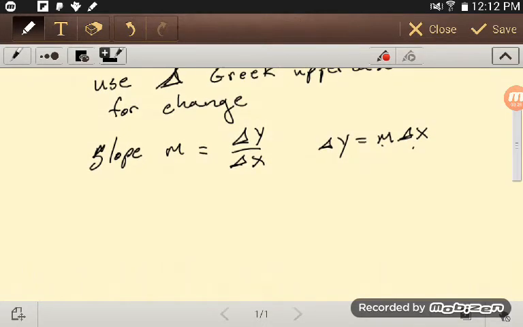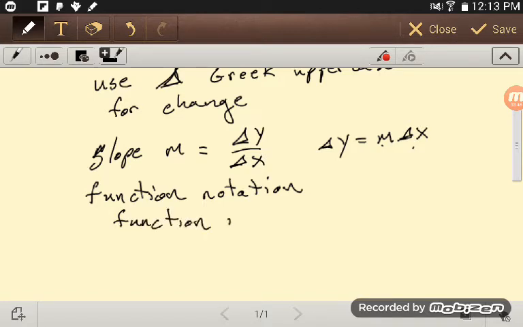Now, if we go to function notation, the idea here is we want you to get very used to this, because in calculus, function is very important.